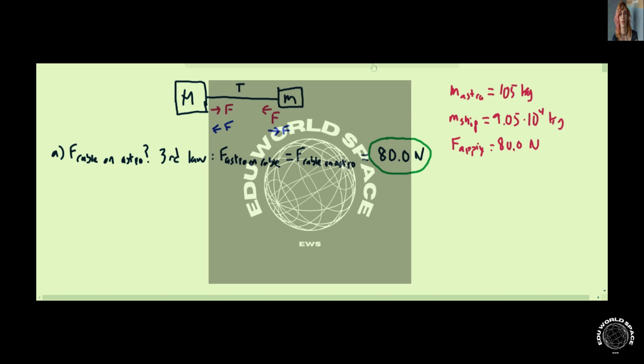Part B asks us, how can a massless cable exert a force when we know, according to Newton's second law, we need a mass to relate force and acceleration? That's accomplished through tension in our cable. And tension, in a rope or cable, allows a force to be transmitted.